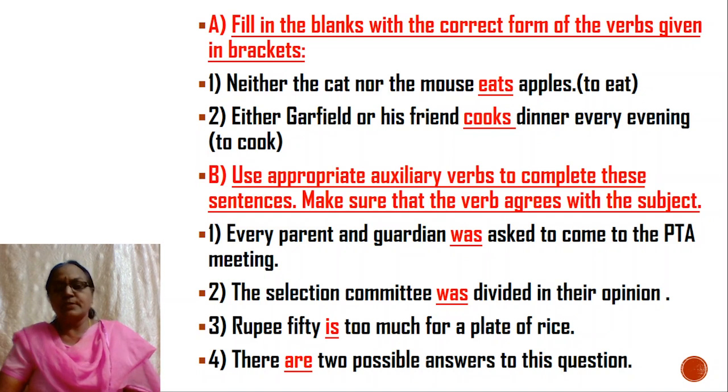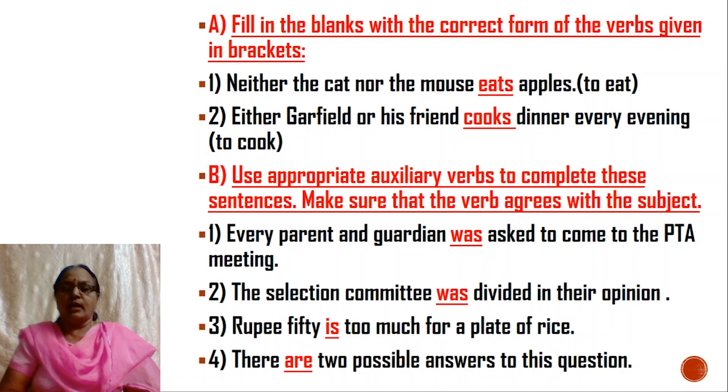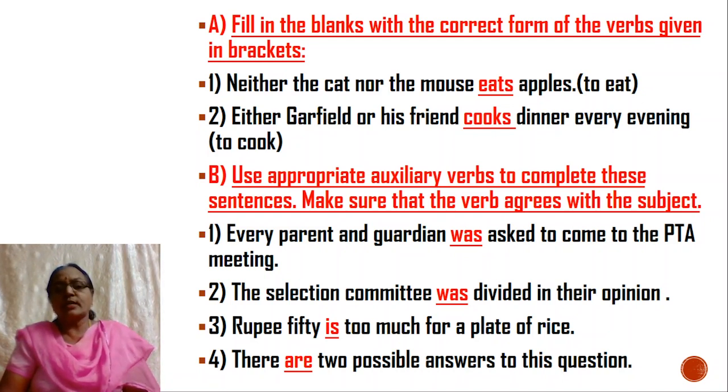They're helping verbs like is, was, are, were, then shall, should, etc. So here you are going to use appropriate auxiliary verbs to complete the following sentences. And of course, you'll have to make sure that the verb agrees with the subject.